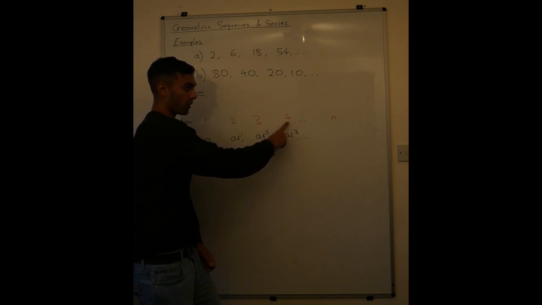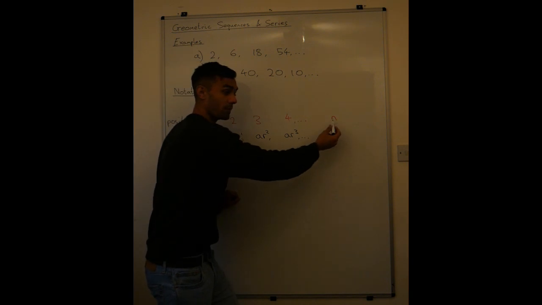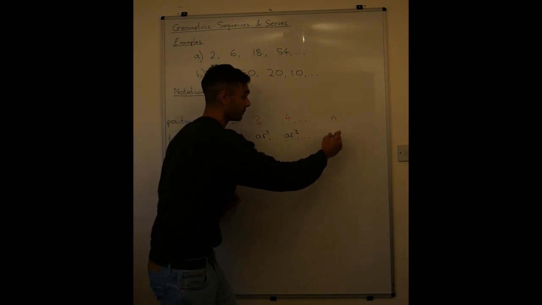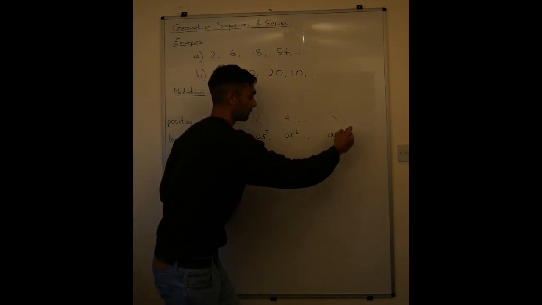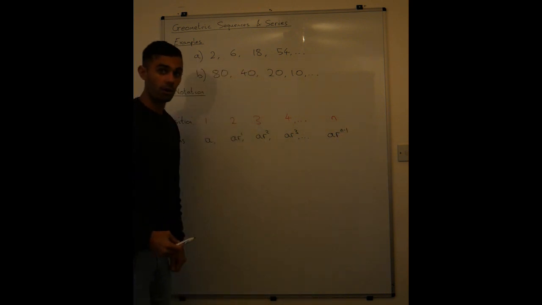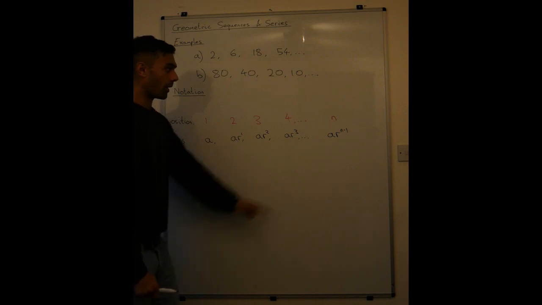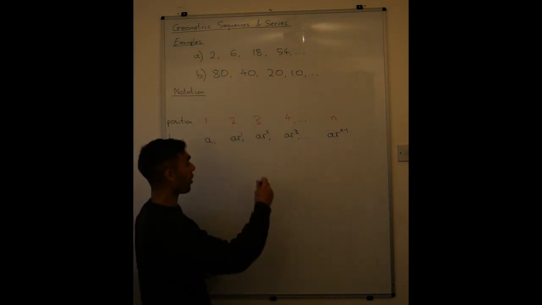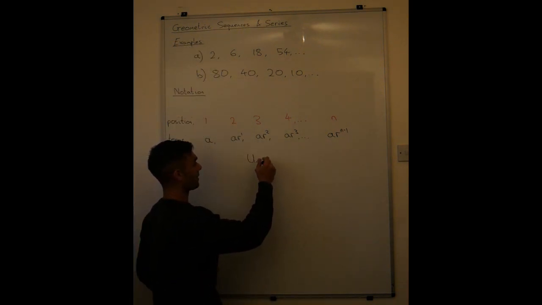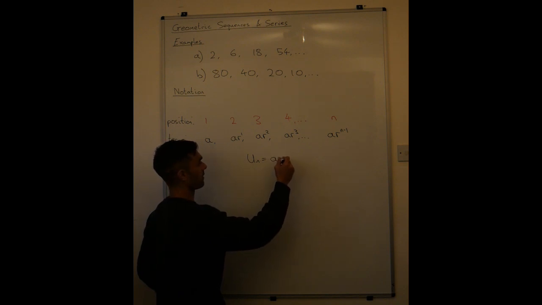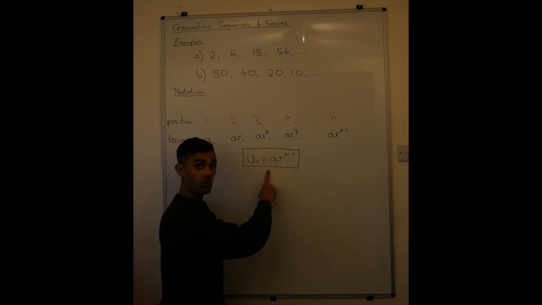Position 4, power of r is 3. Which means for our nth term, it's going to be a times r to the power n minus 1. This is called our nth term, so we can write that down like this. That's a formula that's not given in the booklet, so you have to remember it off by heart.